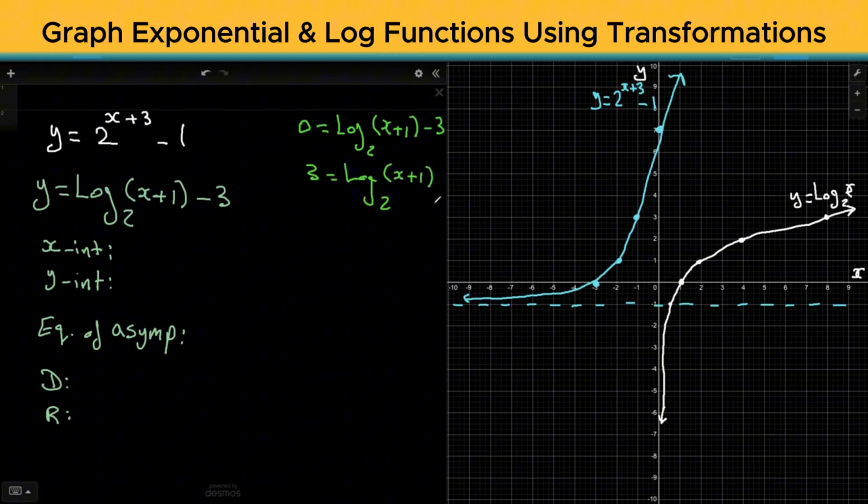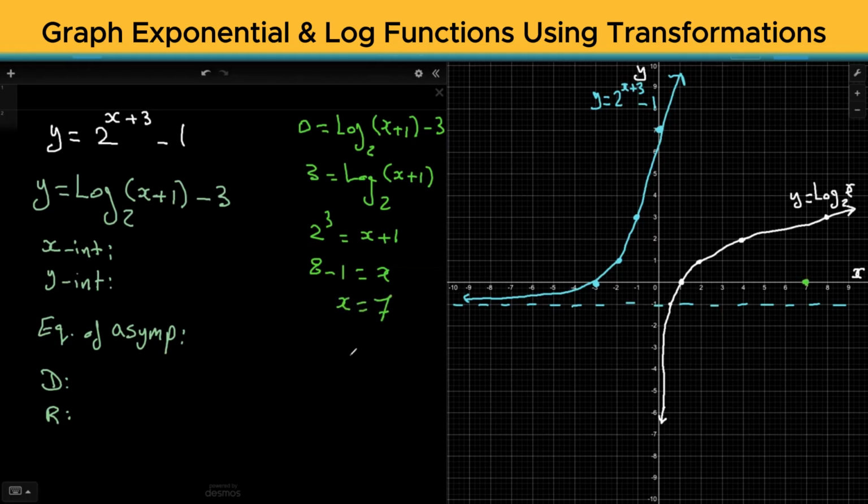Then I change this to exponential form, so 2 to the power of 3 gives me x plus 1, which is 8. Move the 1 to the other side, it becomes minus 1, so x equals 7. That's the x-intercept.